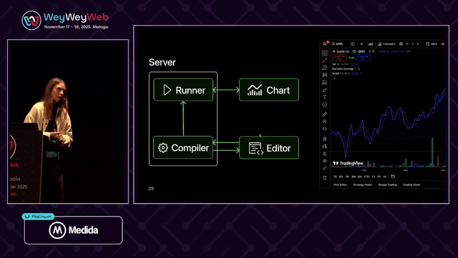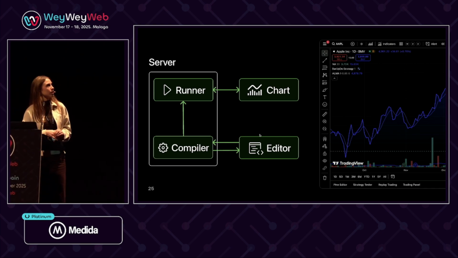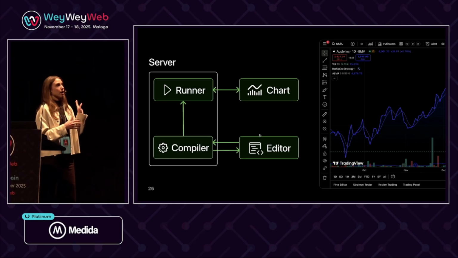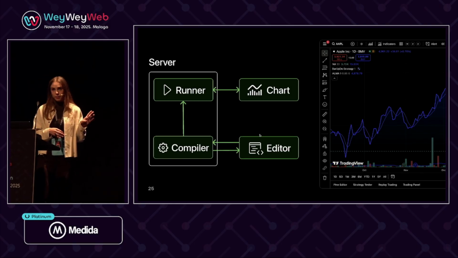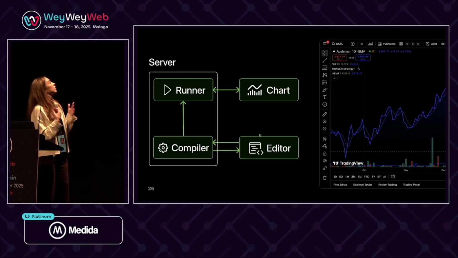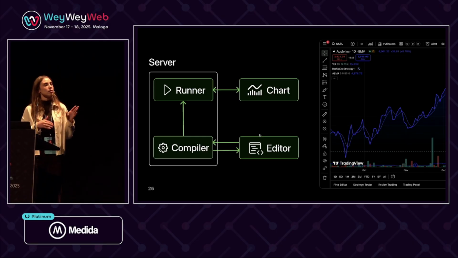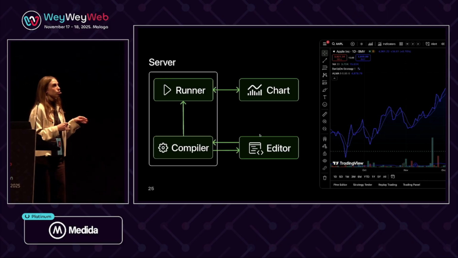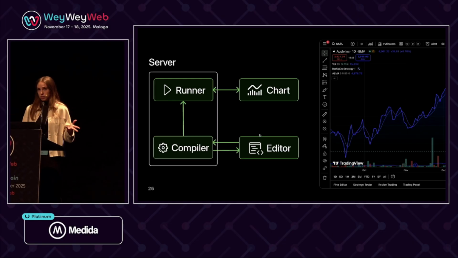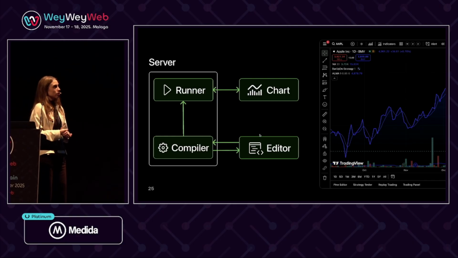So, the whole path in one short take. Our users write code in our editor, a browser-based IDE. Then this text is sent to a compiler where we analyze it, and this structured information is returned to the editor, where we can show errors to our users.